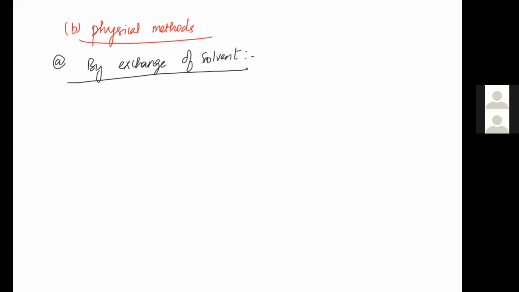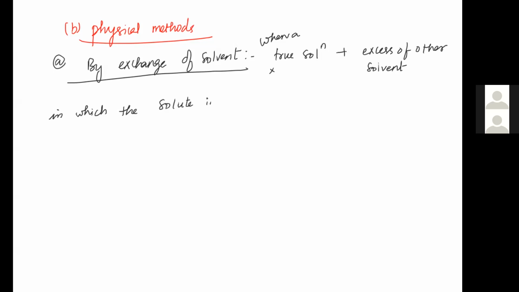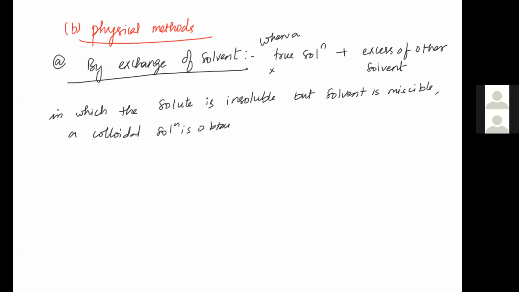When we have a true solution, and this is mixed with an excess of other solvent in which the solute is insoluble but the solvent is miscible, in that case, a colloidal solution is obtained.